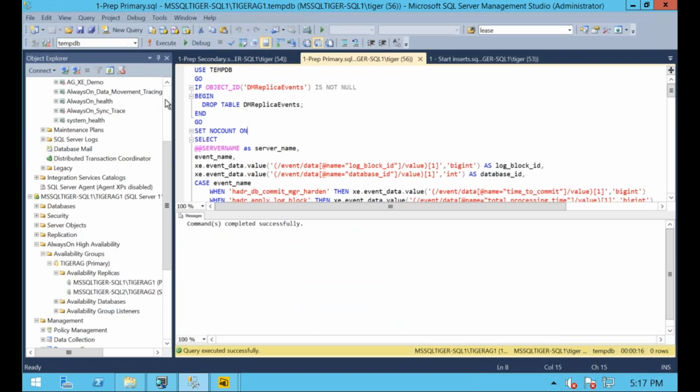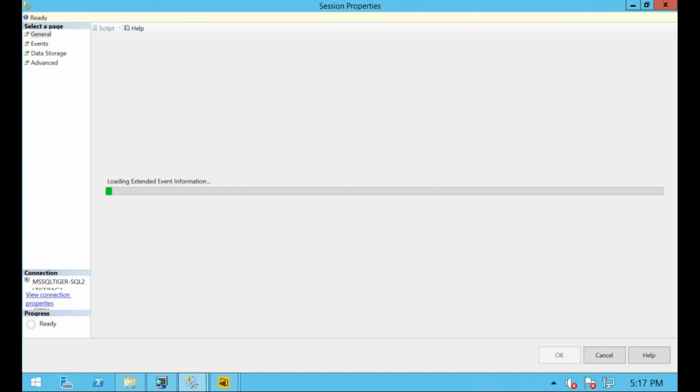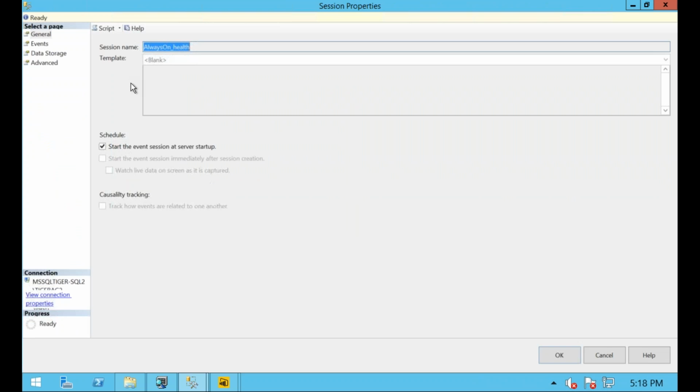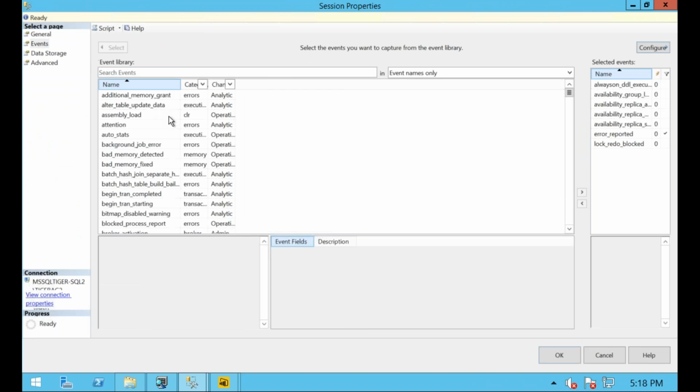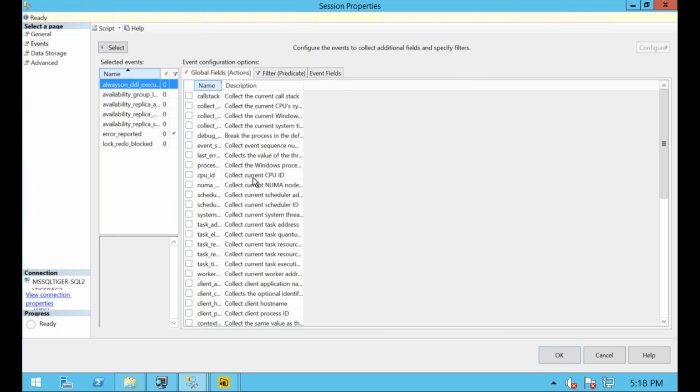As I mentioned, every SQL Server instance that has an availability group running always has an AlwaysOn health event session running. So let's look at that first.